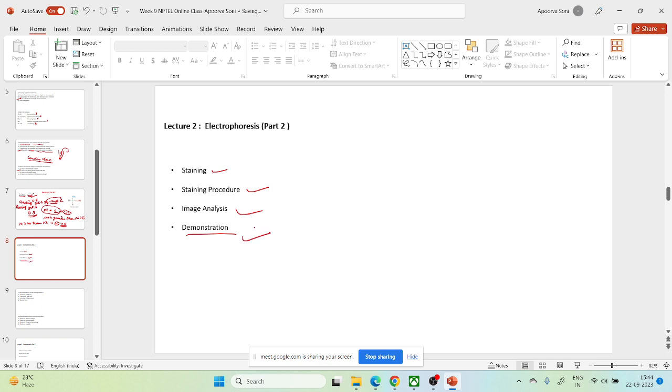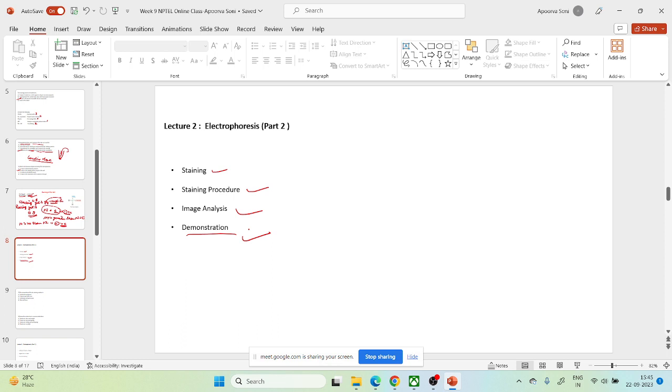One thing I would like to say here is that we will not discuss much about the demonstration and image analysis part, because that was evident from the video, and because there are many different softwares that can be used, and manually also you can do it. The procedure depends on the software, but the basics remain the same.